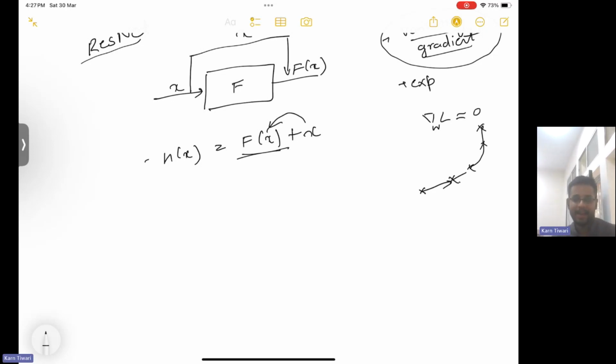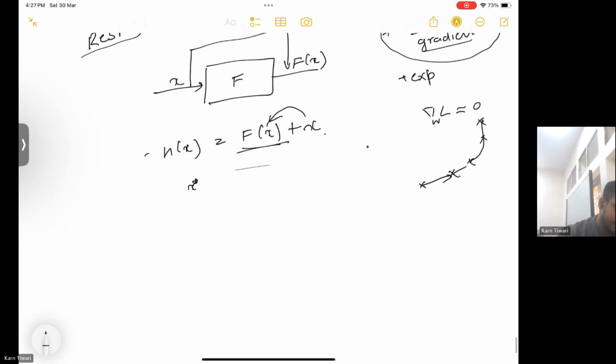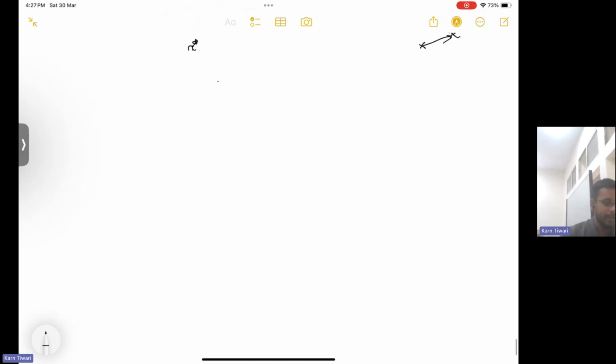It's an ODE, a discrete time differential equation. If you do this an infinite number of times, you'll find a point x star such that after performing this f of x plus x, it will remain constant. That is, it will reach a particular point where the feature refinement won't happen. So that's the different thing I talked about.